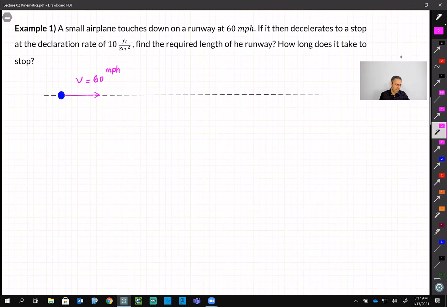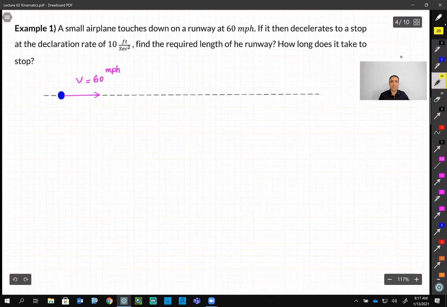And then it says it decelerates, right? It brakes, of course, because it wants to stop. So when we talk about deceleration, always remember it is the acceleration with a negative sign. So it says it decelerates to a stop with the deceleration rate of 10 feet per second squared.